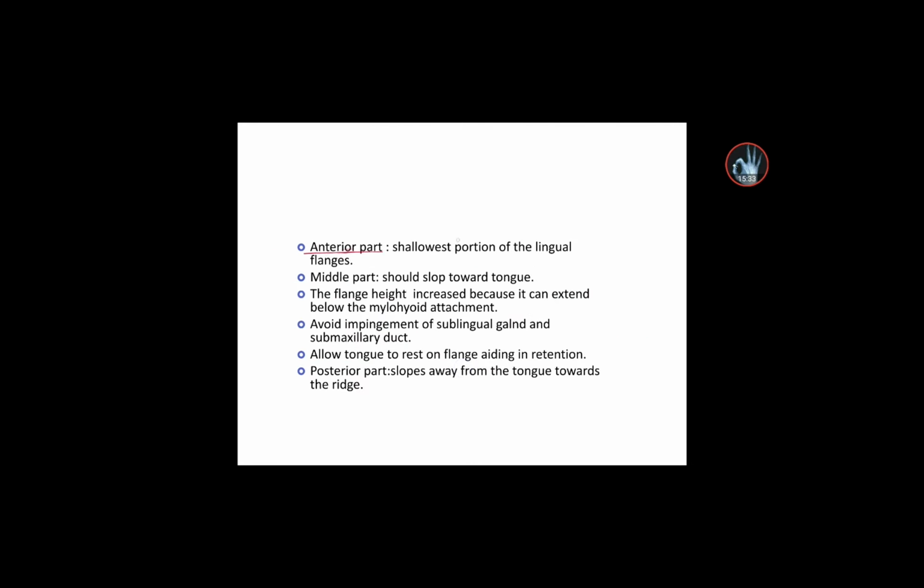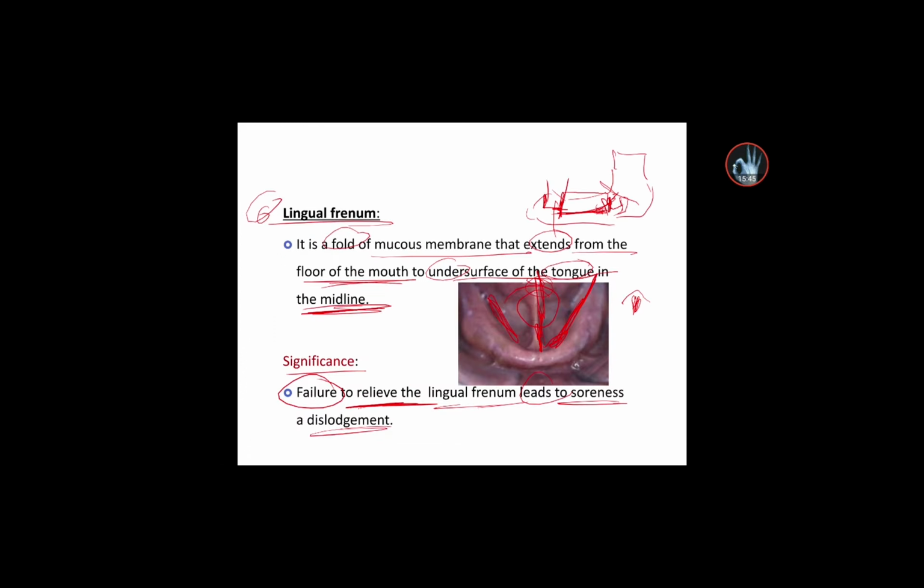So the anterior part is the shallowest portion of the lingual flanges. Okay, the anterior part is shallow because, as you see, there is a lingual frenum. Let's say this is the lingual frenum.